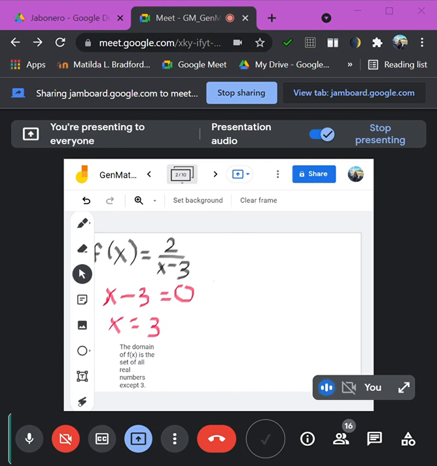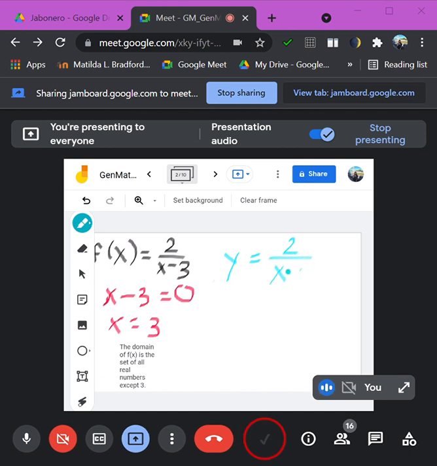Now, teacher, how are we going to get the range? For the range, class, we are going to look again at the given function. You have f of x is equal to 2 over x minus 3. We said that f of x is also equivalent to y, so y is equal to 2 over x minus 3.